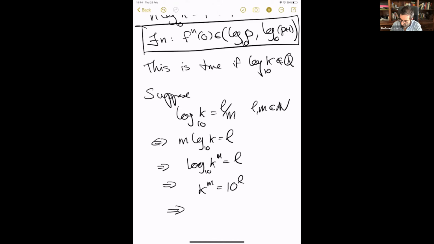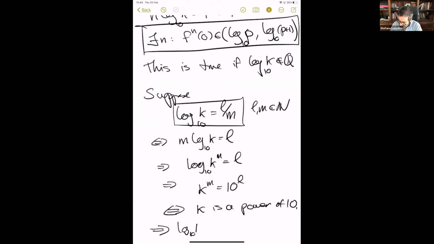And this can only be true if k is a power of 10. So this is by contradiction. If we suppose that log base 10 of k is rational, then k must be a power of 10. Since we assumed it's not a power of 10, log base 10 of k is irrational. So this implies that log base 10 of k is not rational.